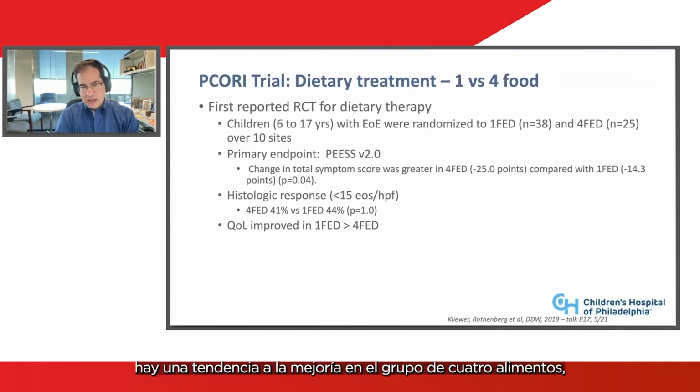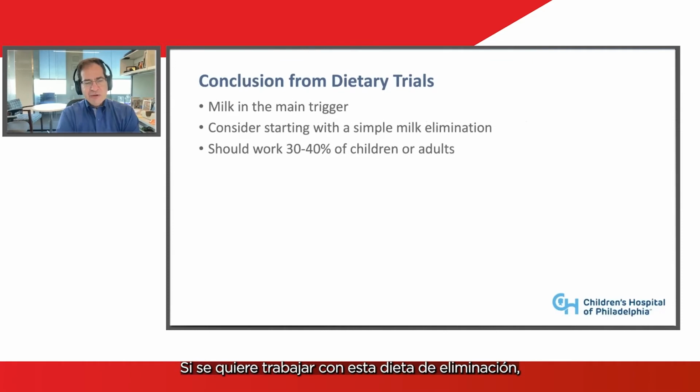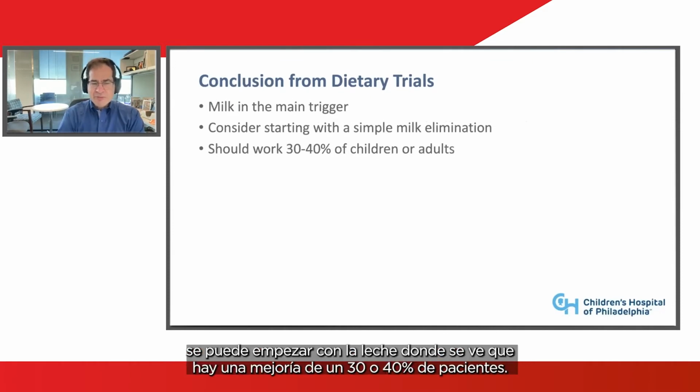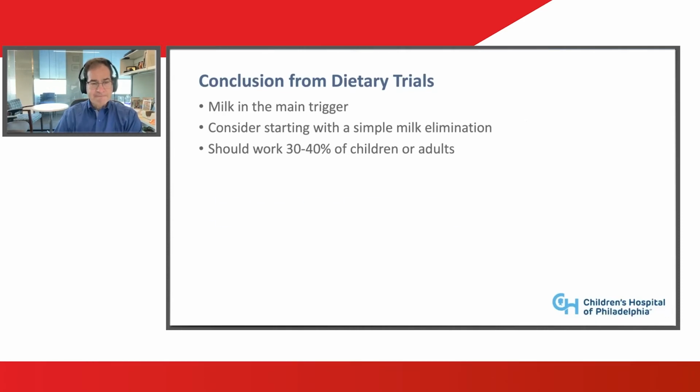There was a trend for an improvement in the 4 foods that was slightly better, but histologic response was identical, and for quality of life, people liked 1 food versus 4 foods. So if you really want to do diet, the best way is probably to just start with milk. It will work both in children and adults, about 30 to 40%. So that's probably the current recommendation for dietary therapy.